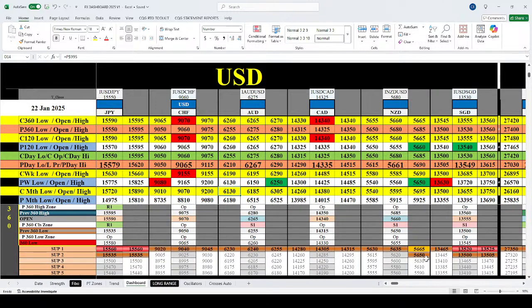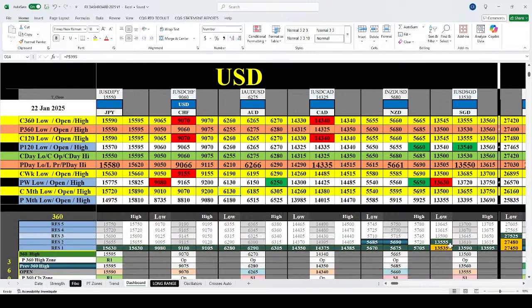Okay, the previous day low is 56.15, so we need to buy near that level. So which is 56.20 or 30, that should be your level to go for a buy, and expect that 80 to break. If it breaks, then we can see 720 or 740.